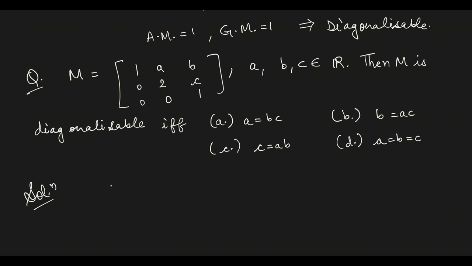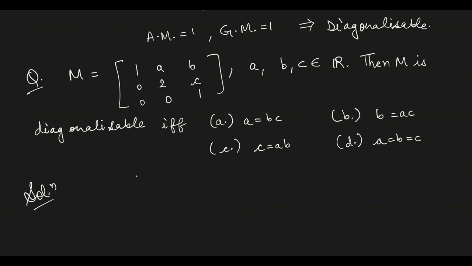You have taken any values of A, B, C? No, I'm not taking values. I'm just going by the GM method. So the rank of A minus lambda becomes 0 A B, 0 1 C, 0 0 0.